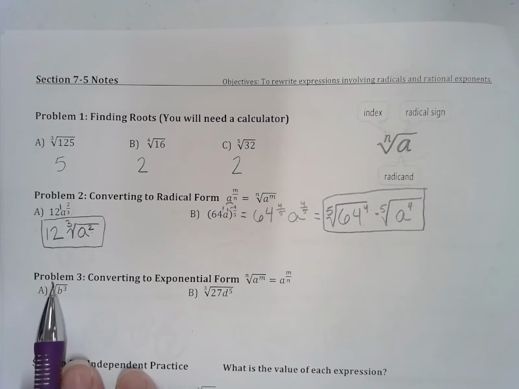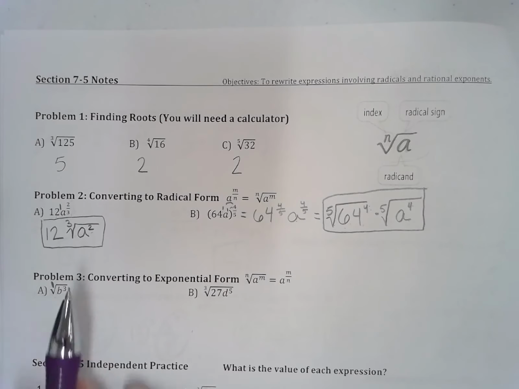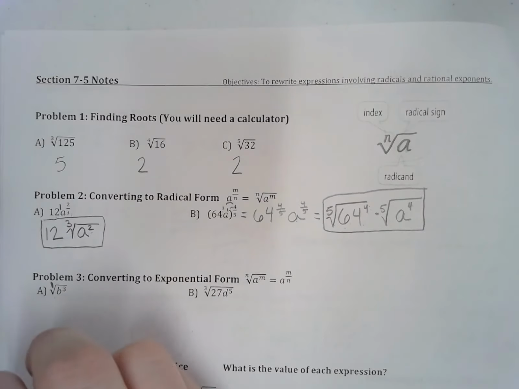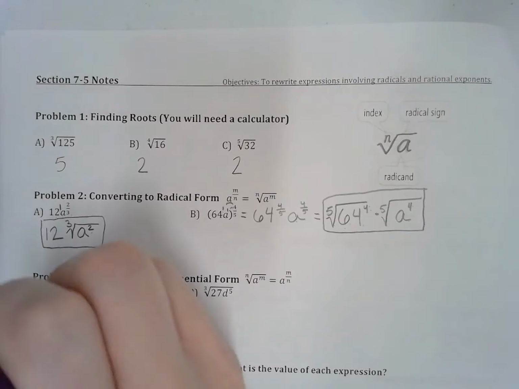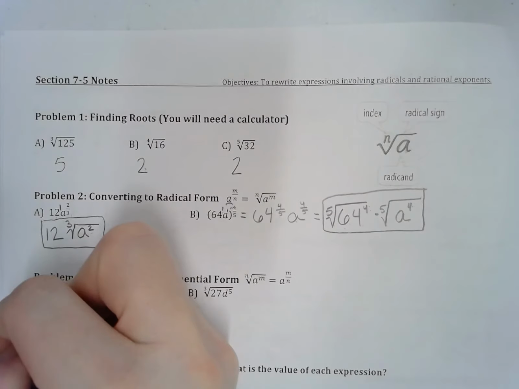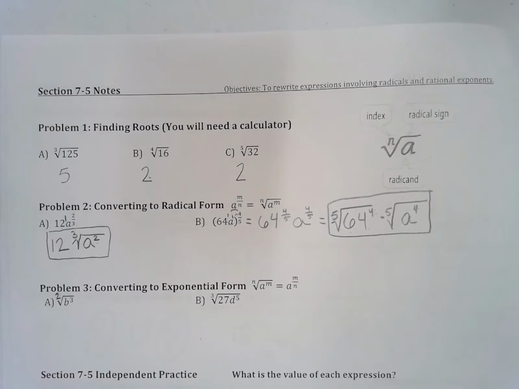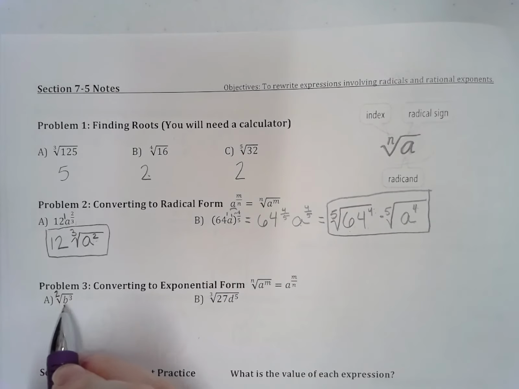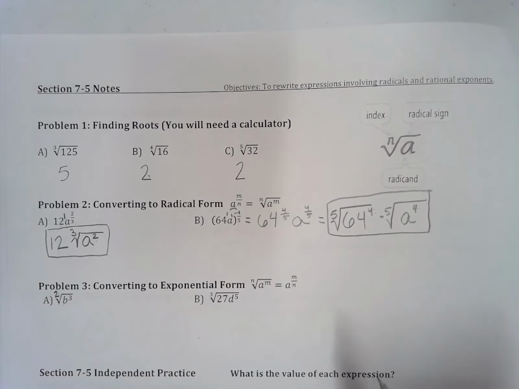Oh, sorry, I lied. This is going to be a 2. Whenever there's not a number on the outside of a radical, it's always a 2, because it's always the square root, which is what you've heard before. So this is the second root of b to the third, or the square root of b to the third.